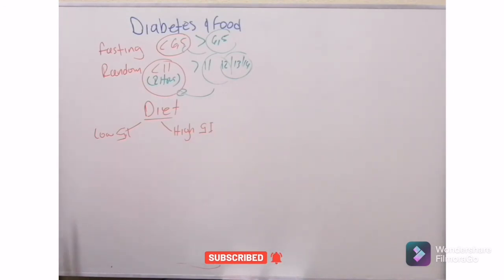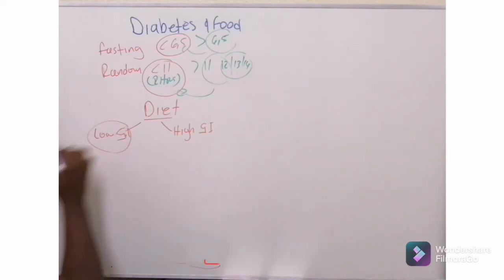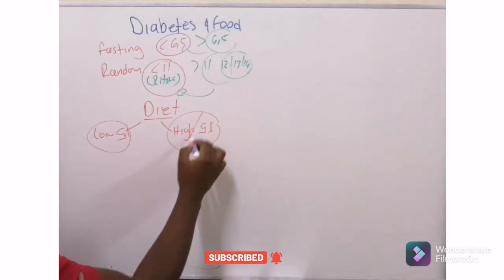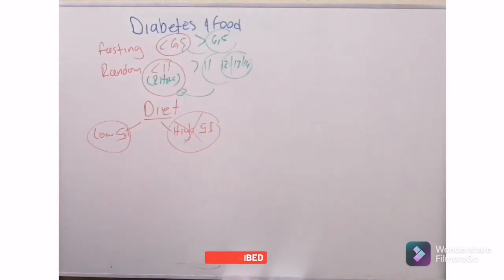High glycemic index, low glycemic index, that's what we're talking about. We want a patient who is diabetic to be taking low GI. High GI is not good for a diabetic patient, and I will tell you why. That's why I'm making this video, to tell you about high GI and its impact on the blood sugar of a patient who's diabetic.